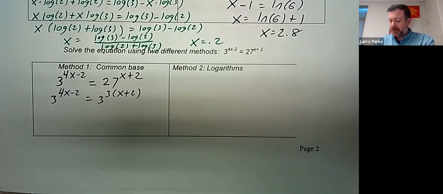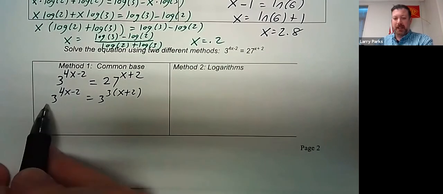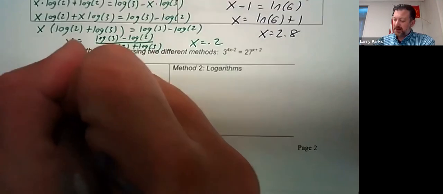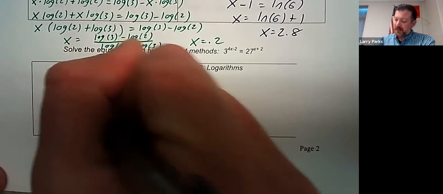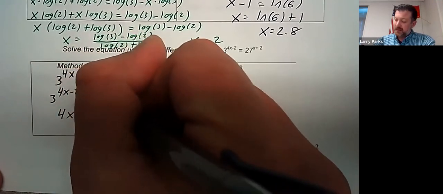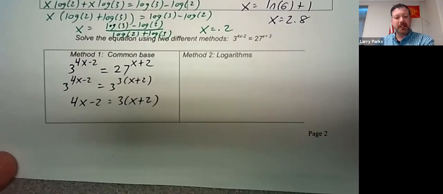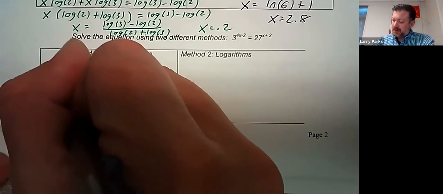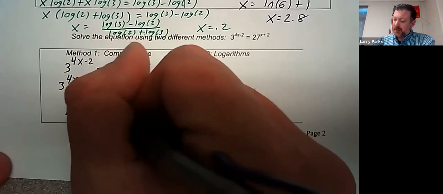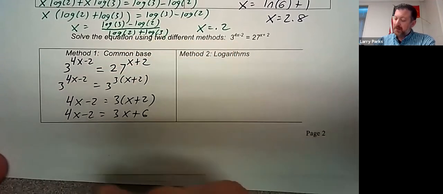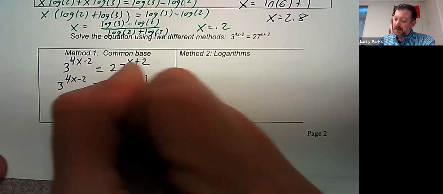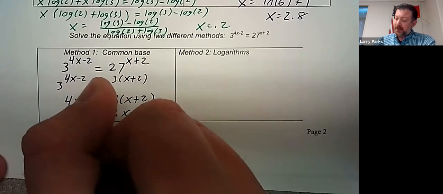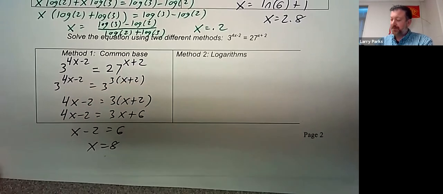Three times 3 times 3 is 27. And then bases are the same. I set the exponents equal to each other. And then from there, I do algebra 1. Distribute the 3, subtract 3x from both sides, add 2 to both sides, and I get x is 8. Okay, so that's probably going to be much easier than method 2.